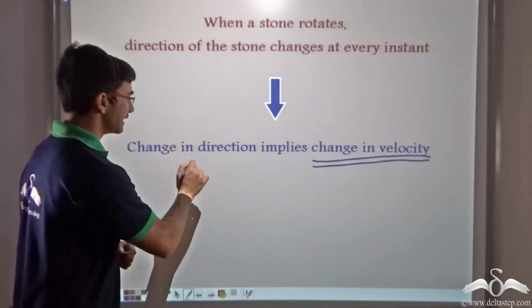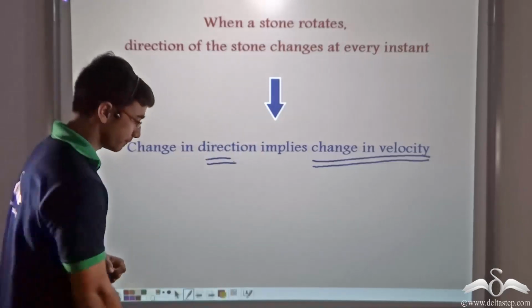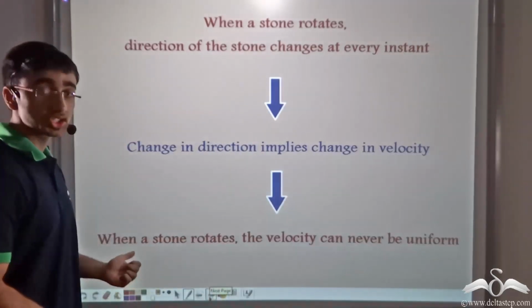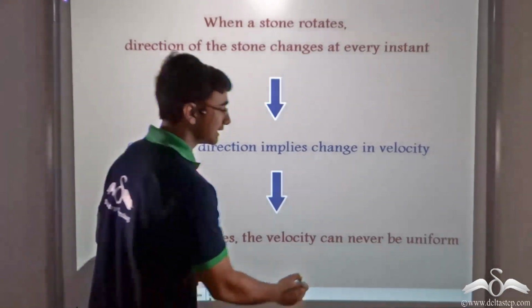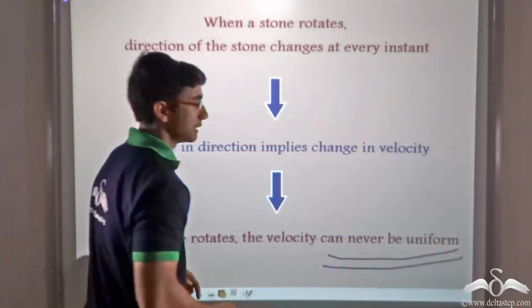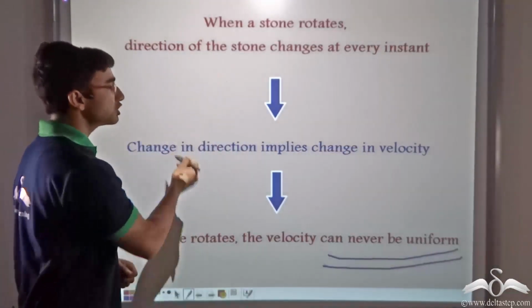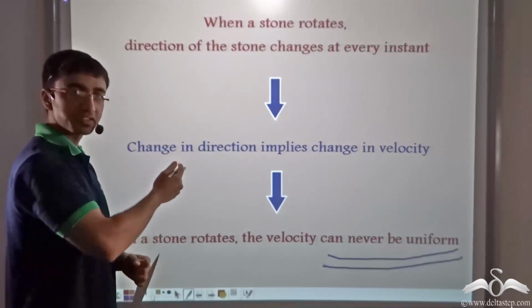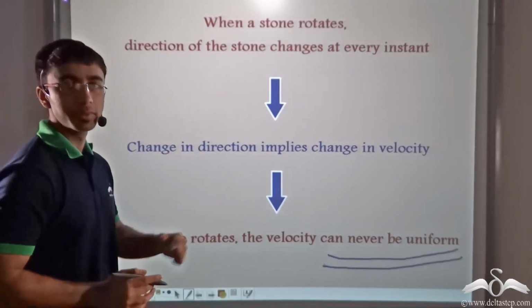Now when there is a change in direction, it implies that there is a change in velocity. So this means that when a stone rotates, the velocity is constantly changing and it can never be uniform. Because as we found out from the previous example, the direction of motion of the stone at different points was different. So this is why the velocity can never be uniform.